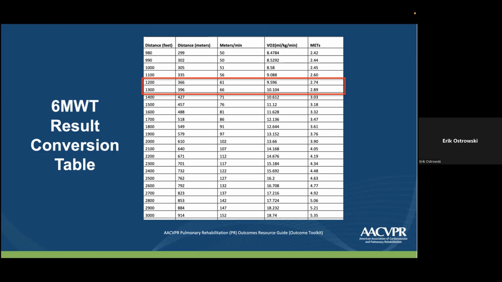And right in between that 2.74 and 2.89 is about our 2.83, 2.82 maybe, METs. So you can use this as a quick down and dirty conversion to help you realize quickly, depending on what distance the patient walked, whether you're measuring in feet, converting to meters, or measuring meters, their starting MET levels.